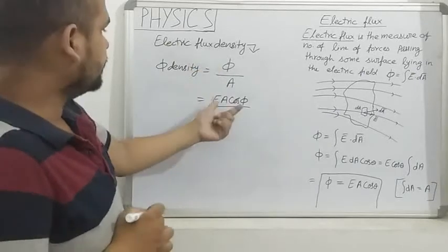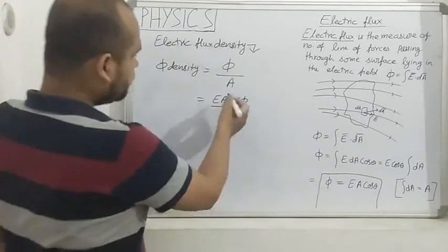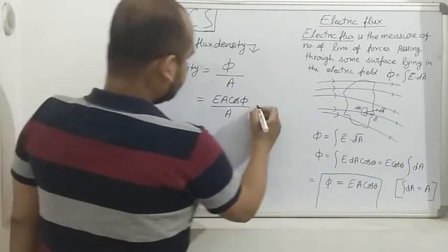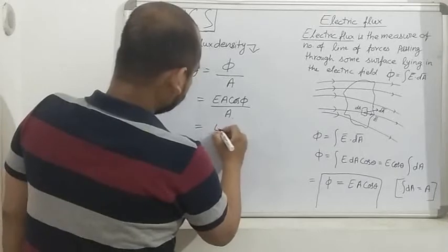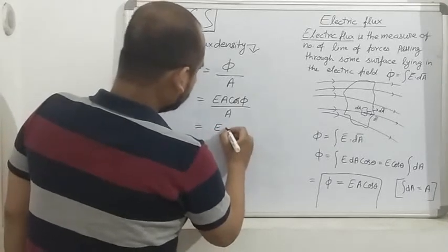EA cos theta. So EA cos theta upon A. So you can see from here A will be cancelled, and finally you will get what? As E cos theta.